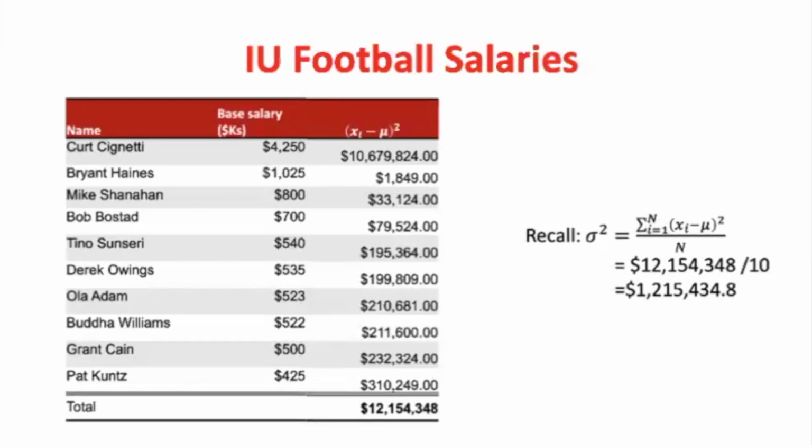If I square 1, 1 is still 1. If I square 2, it goes up to 4, up by 2. 3 squared goes from 3 to 9, up by 6. 4 squared goes to 16, up by 12, right? That squaring means that if you see values really far from the mean, it increases the variance by a lot.